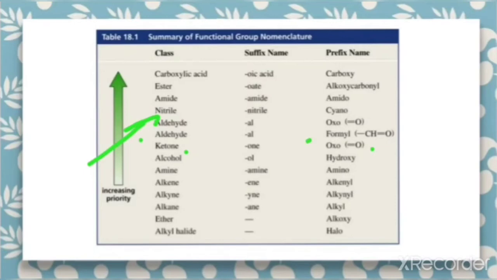But when the ketone group is acting as a functional group, then we use the suffix one. So these are the basic suffixes and prefixes for the important organic compounds, as we have already discussed in 11th standard. Now let us discuss some IUPAC naming for some important organic compounds, that is aldehydes and ketones.